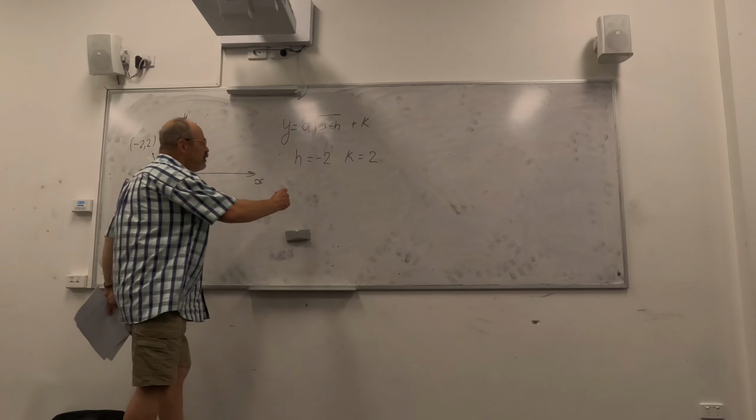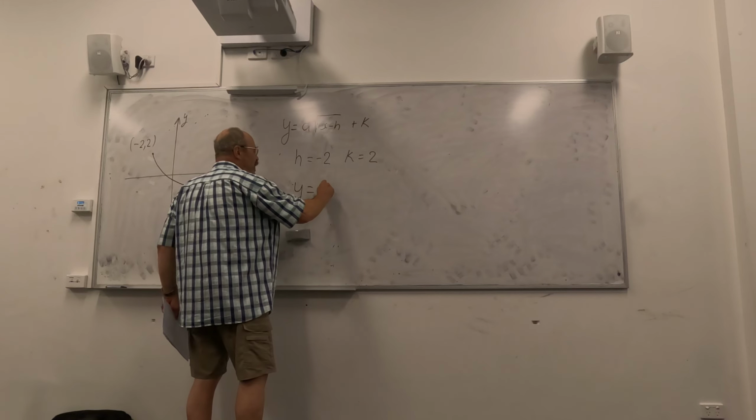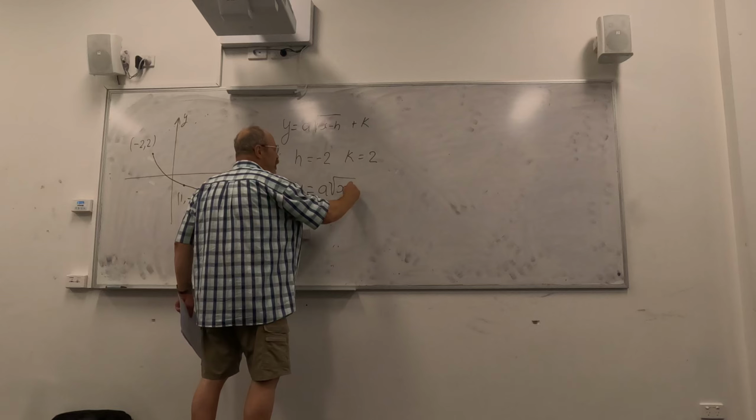So we have already identified that this graph is y equals a square root of (x plus 2) plus 2.